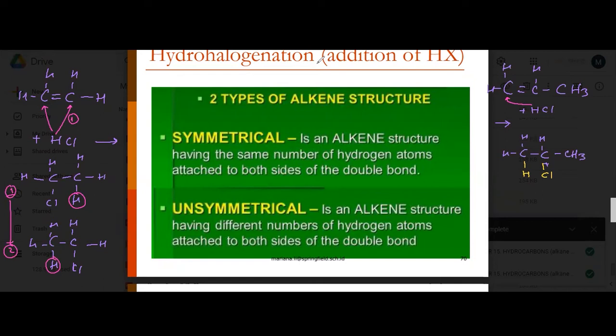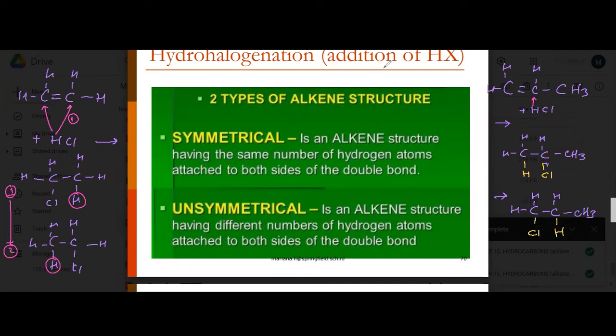What's the second product? The second product occurs if H goes to the other C. Then it will produce this H, and then Cl will go here.